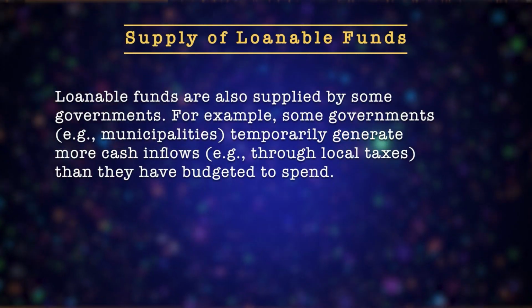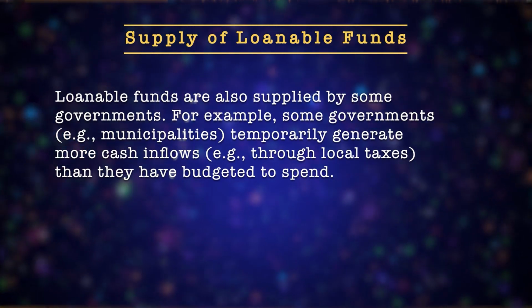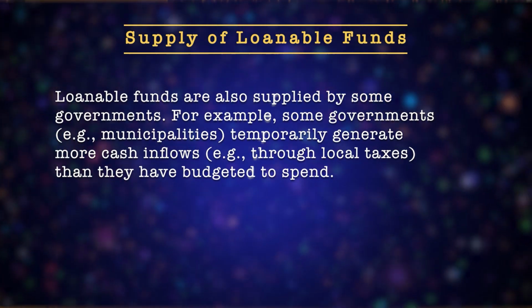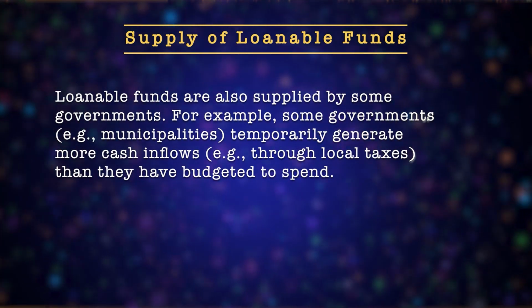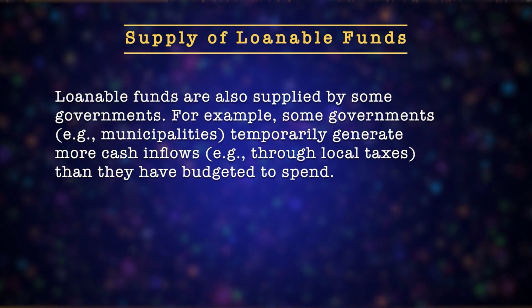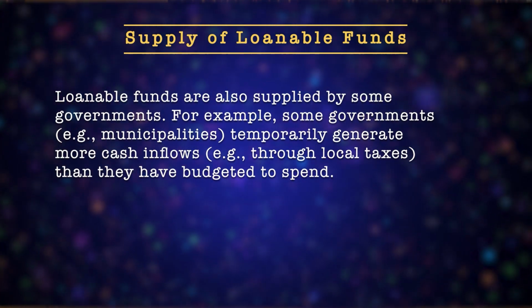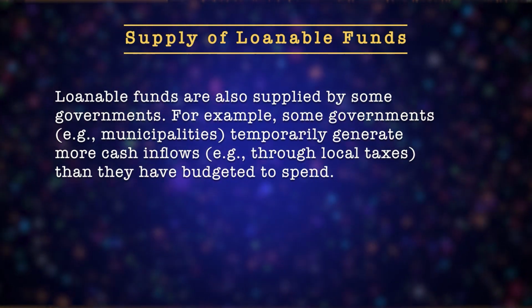When we say the loanable funds are supplied by some of the governments, we mean that some governments, for example, generate more cash inflows through local taxes, like the municipalities or the corporations, and they want to spend it off. So in the supply of the loanable funds, we measure the rate of return that is determined on the funds.